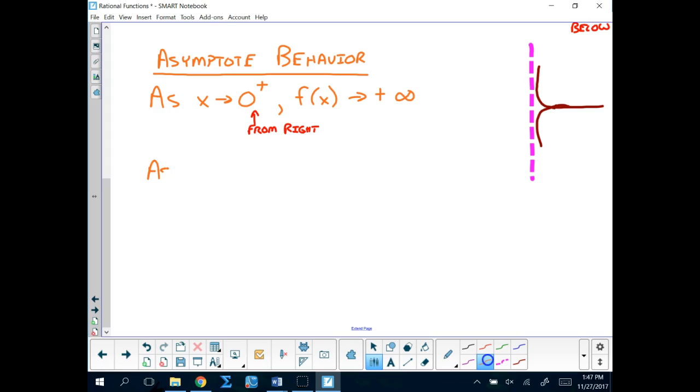Then, as x approaches 0 from the left, what's our function going to do? Negative, because now I'm going to be negative, a really small negative number, and it's going to go down to negative infinity.